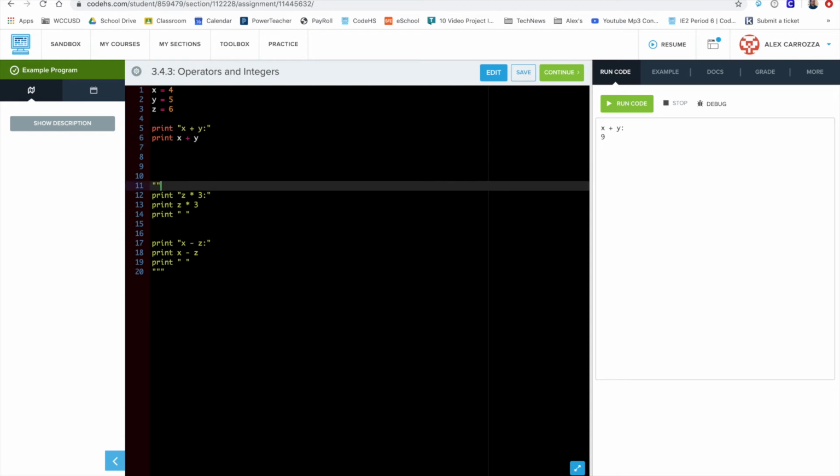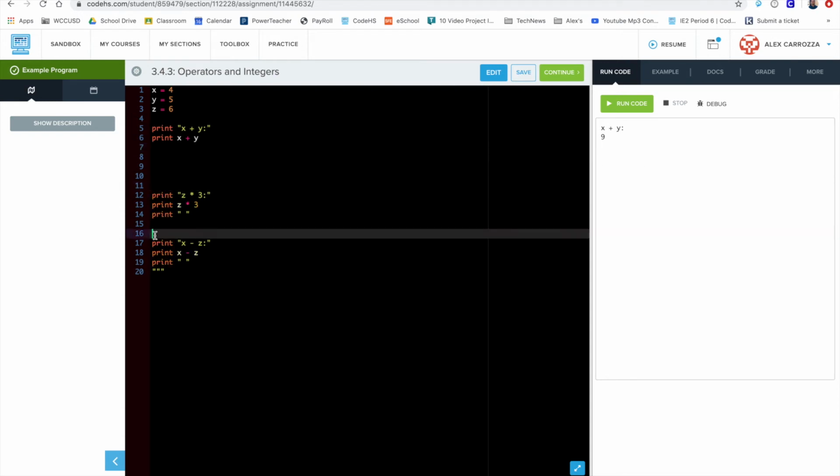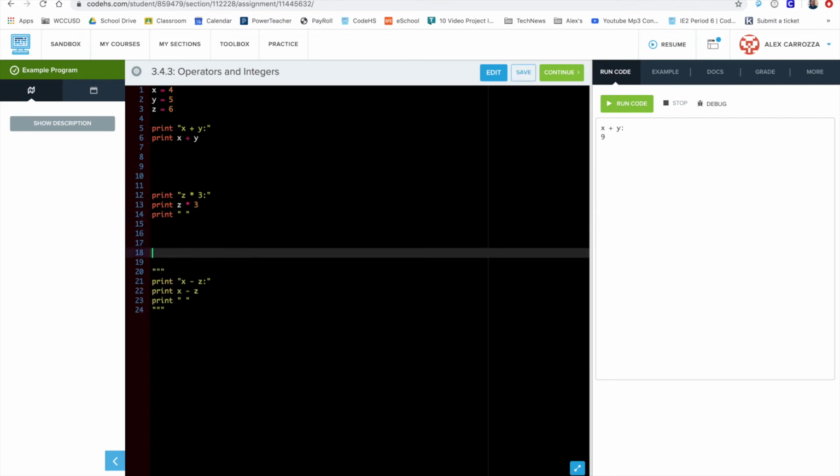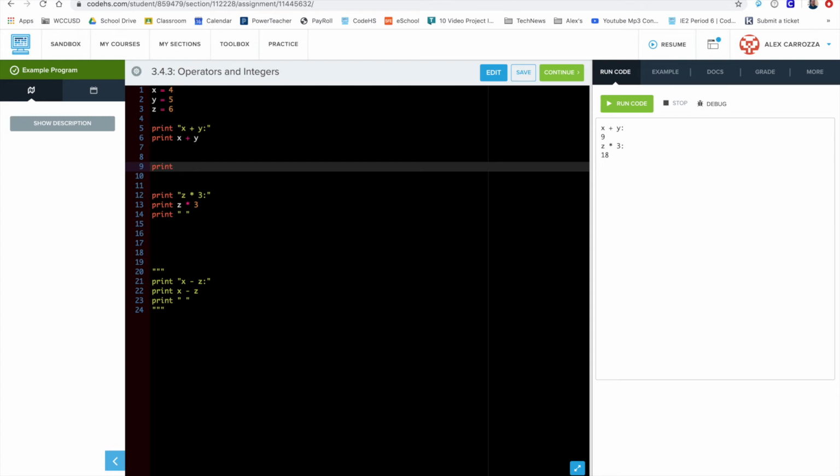Let's take a look at this second batch. We'll freeze this last one so we don't have to look at it. All right, so we're saying z, let's print it. Let's give us some space. What we'll do is we'll just go print nothing. That way it gives us space in between. Okay, z times 3 equals 18.